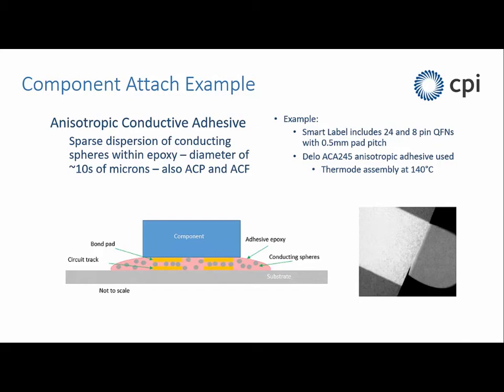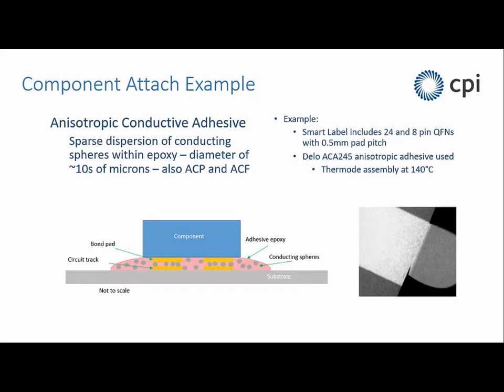So you can see the example assembly here. We have the grey substrate at the base, we have the blue component on the top, and the bronze-coloured, yellow-coloured bond pads and tracks that we need to make contact between. All that we need to do with anisotropic adhesive is put a single blob of the adhesive over the whole of the component area and then press the component down into the substrate.